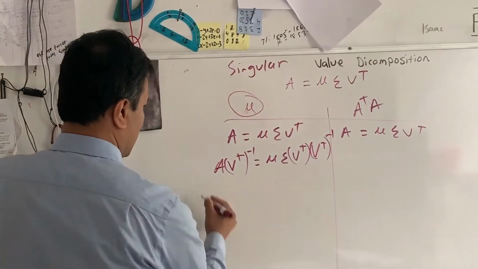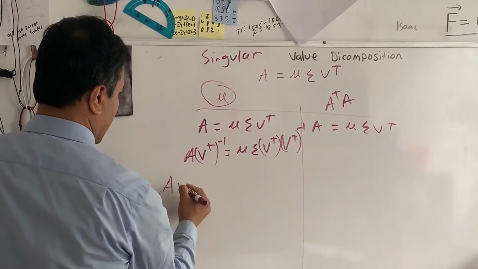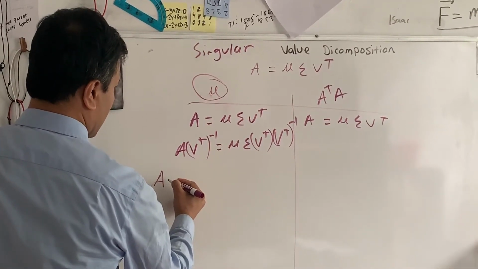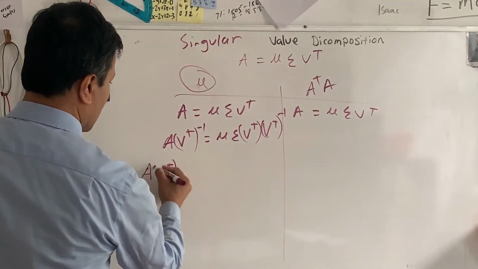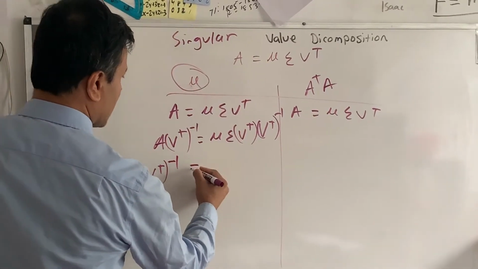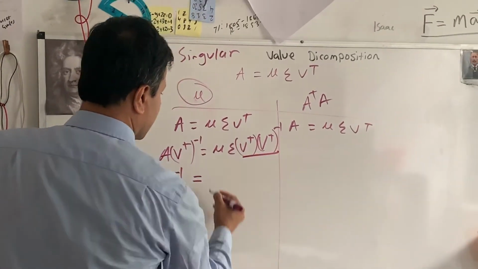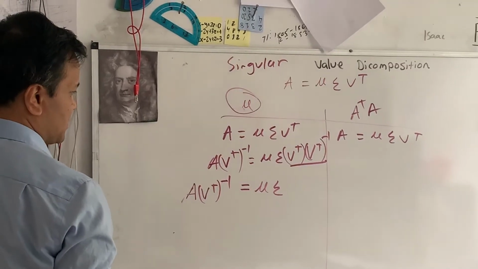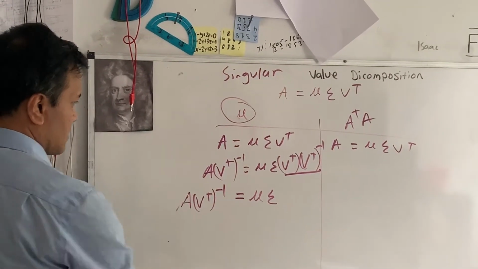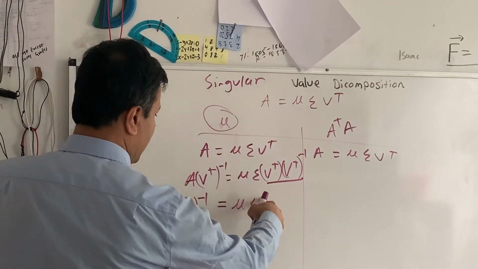All right, so I have V transpose, so this cancels out. Now I can multiply both sides by sigma inverse.